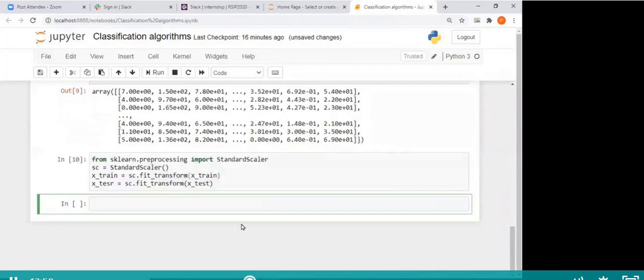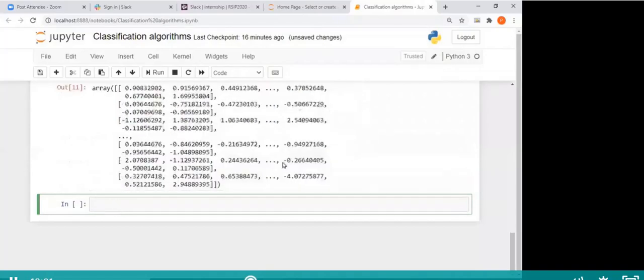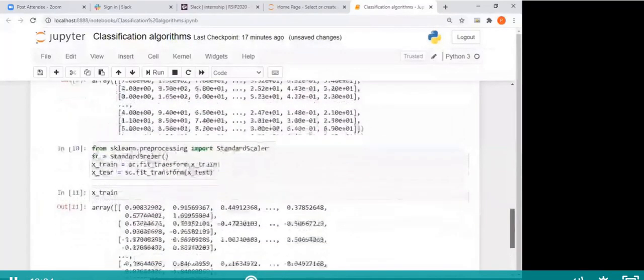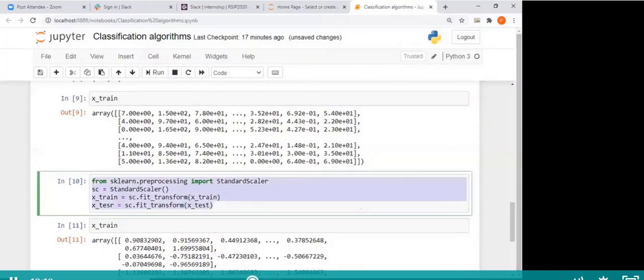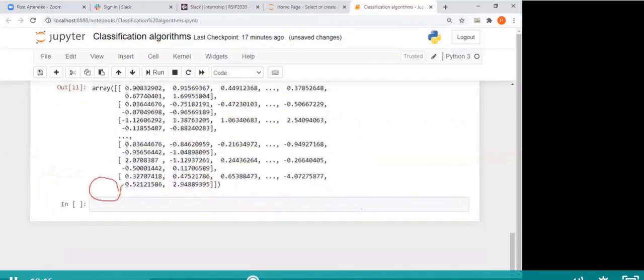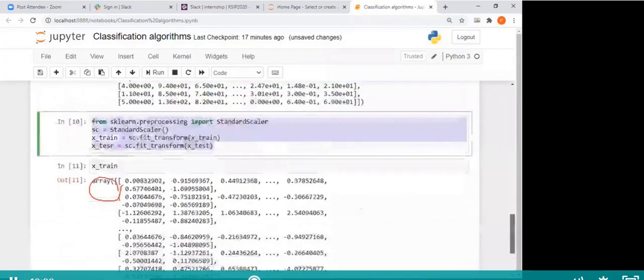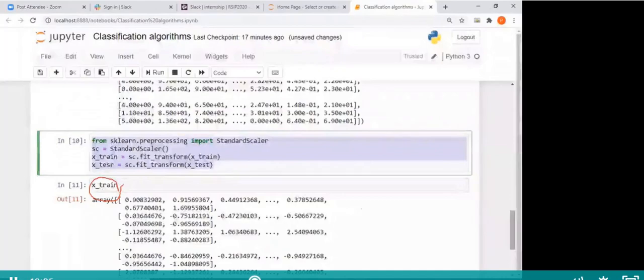So just execute this. Now see your X_train. Everything will be in a particular range. So if you see, 7 got converted into 0.9, something like that, right? Feature scaling is used to convert all the data into a similar range. So this is all about data preprocessing steps for classification. So done till here, guys, everyone? Done till here?